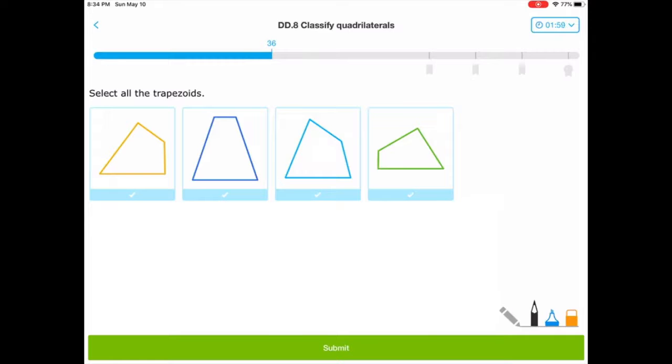Now we got trapezoids. Remember, trapezoid has one set of parallel lines on it. It could be on the side, it could be top and bottom. So what I am looking for here is one that has parallel lines, so two lines that do not touch, that are going straight across like that. Let's see if we're right.